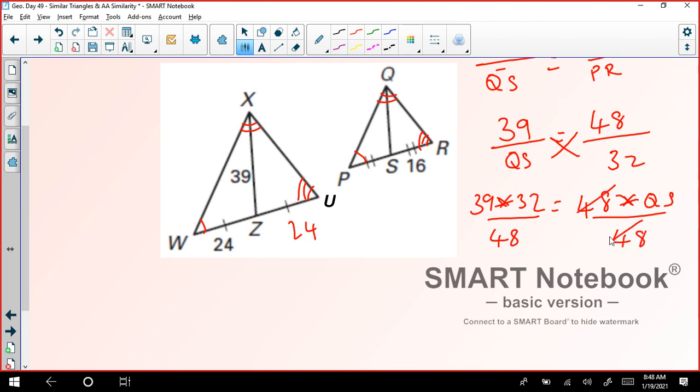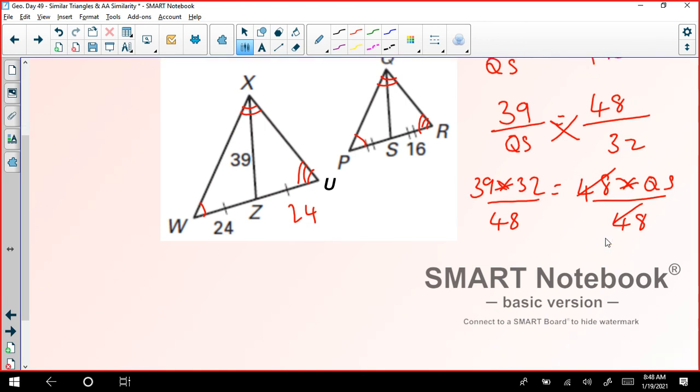And QS is going to be 39 times 32, which is nothing but 1248, and dividing by 48 we get 26. So QS is going to be equal to 26 units.